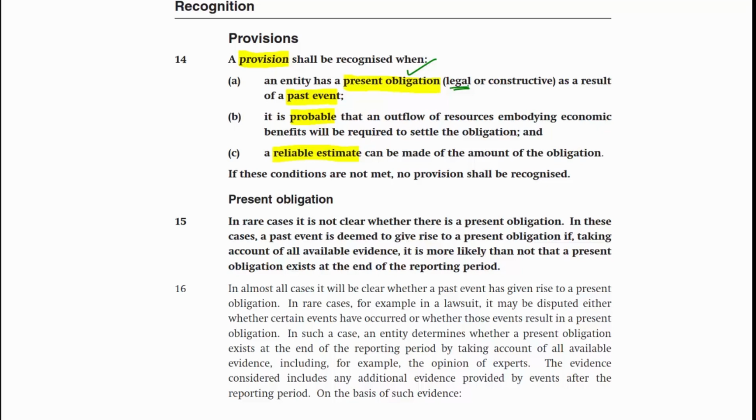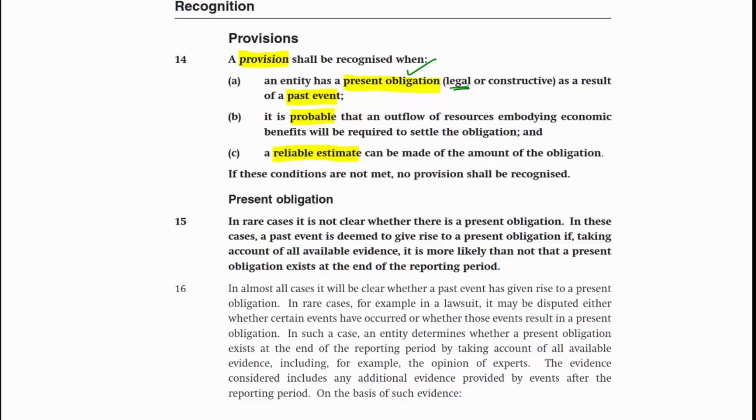Now, there's no legal requirement for the shop to give you a refund. They only have to give you a refund if the goods are damaged or not fit for purpose. They don't have to give you a refund just because it didn't fit you. But most shops will do that. There is a valid expectation that you will get a refund for returning those clothes because they don't fit you, and therefore there is a constructive obligation rather than a legal one.